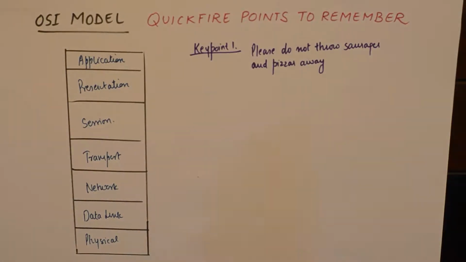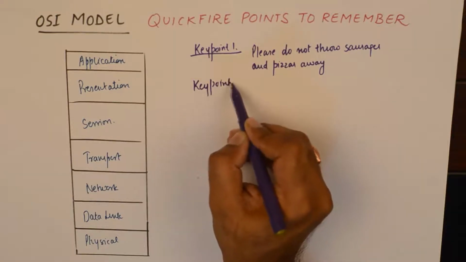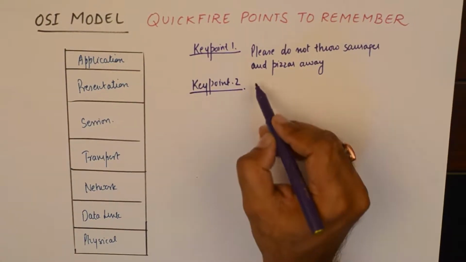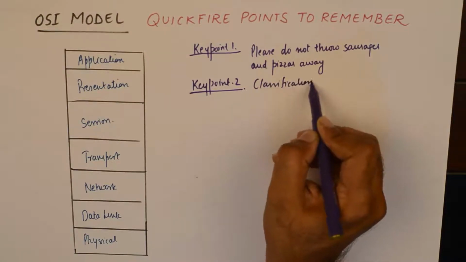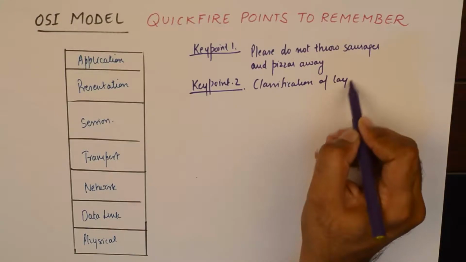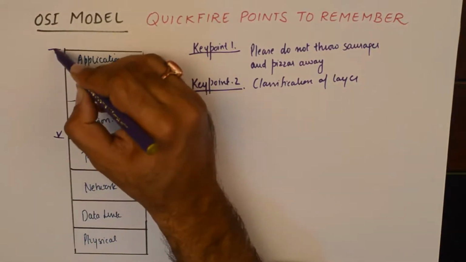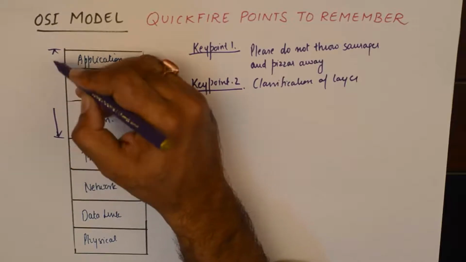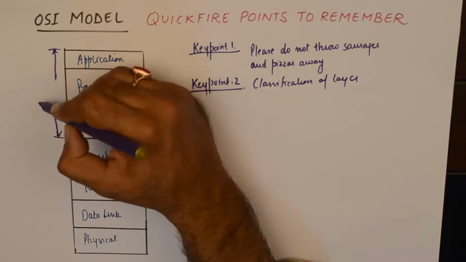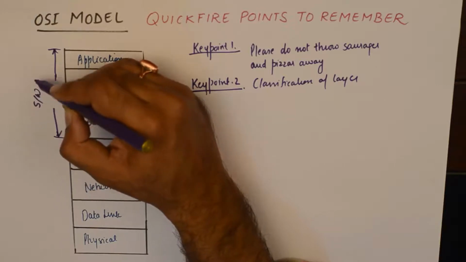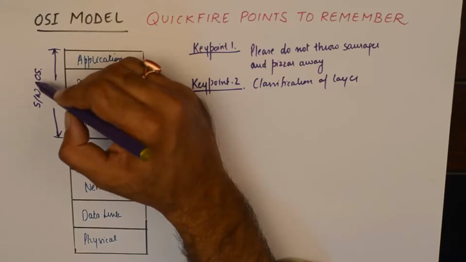The second key point is to understand the classification of layers. So the first 3 layers, or the top 3 layers, are, you could say, software or OS layers.